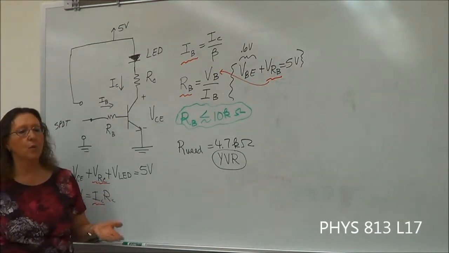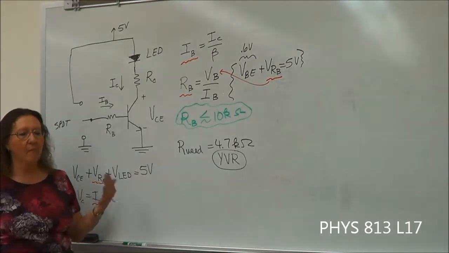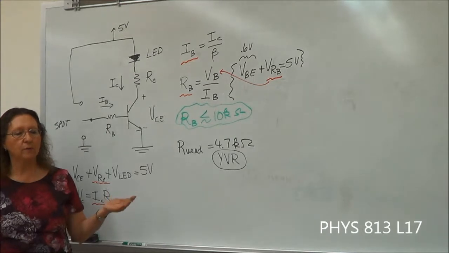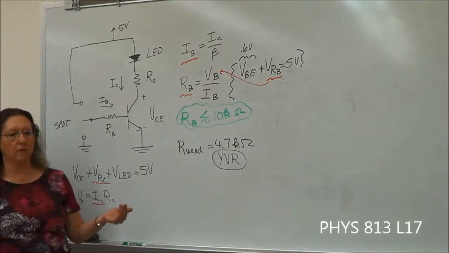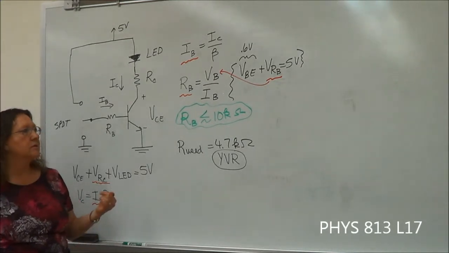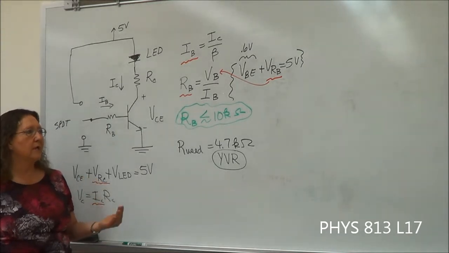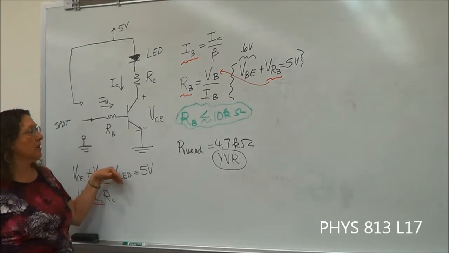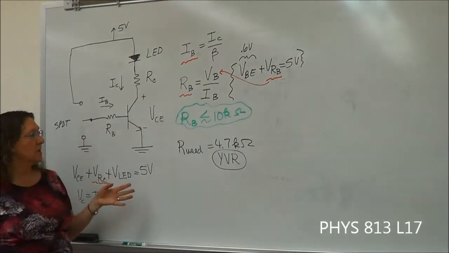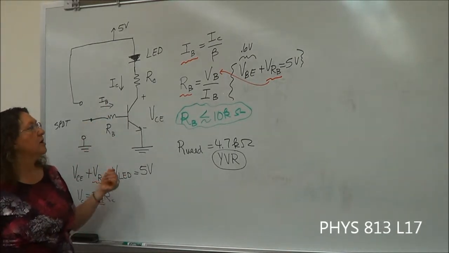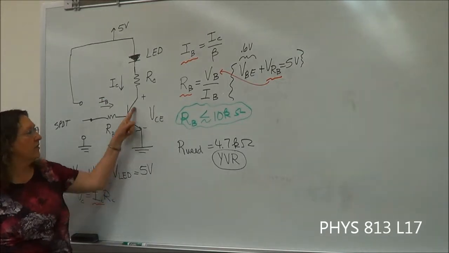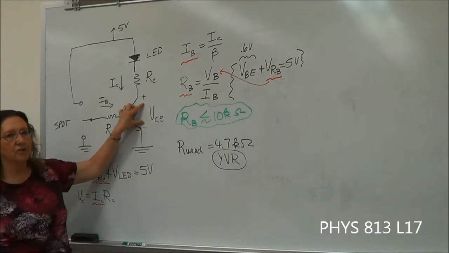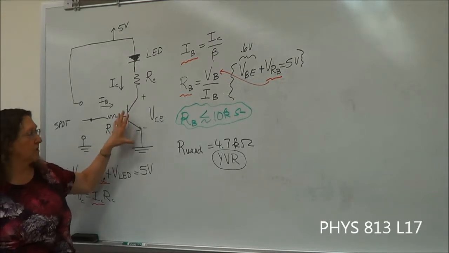For this one, we wanted as much current as we could get so that we would be sure it's going to turn on our LED. So we've got our resistors and things calculated so that this transistor is in saturation. That's what it's called.